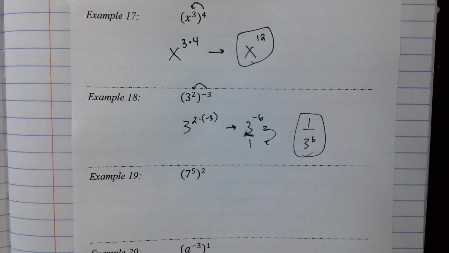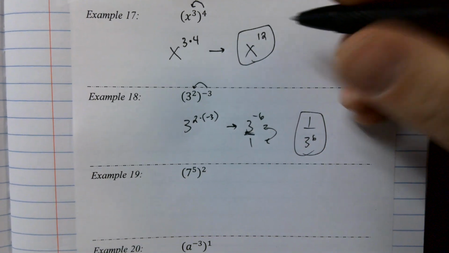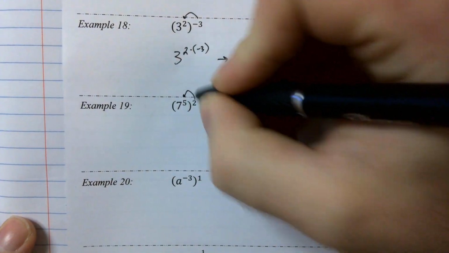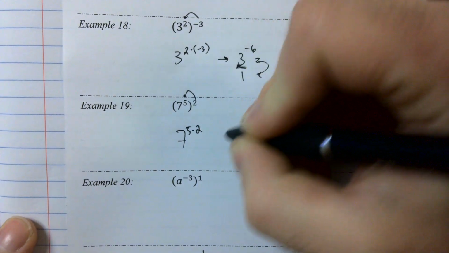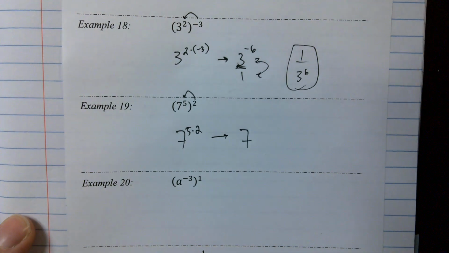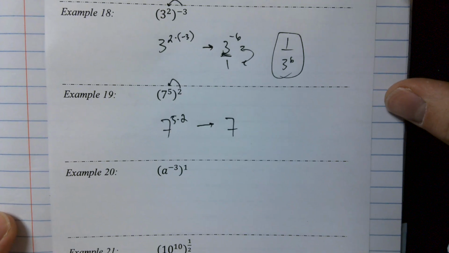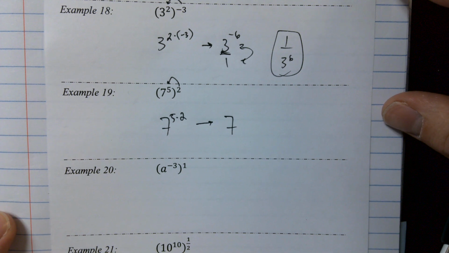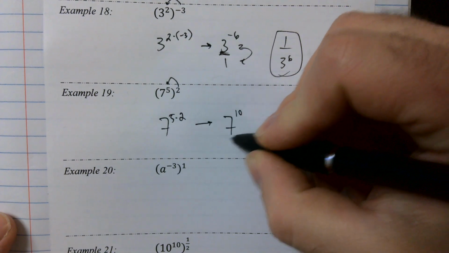Example number 19. I got a base of 7 raised to the power of 5. That whole thing raised to the power of 2. I distribute that 2 and multiply, giving me a new power of what? 7 to the 10th power.